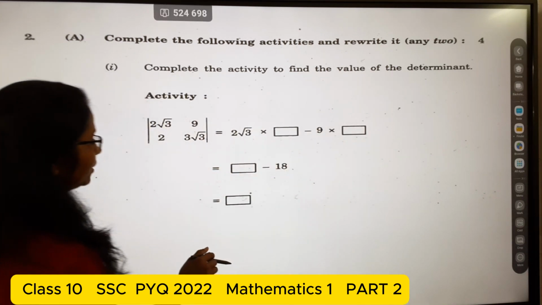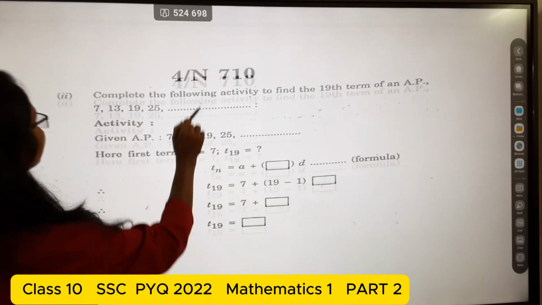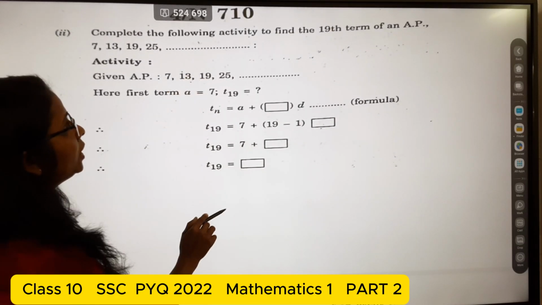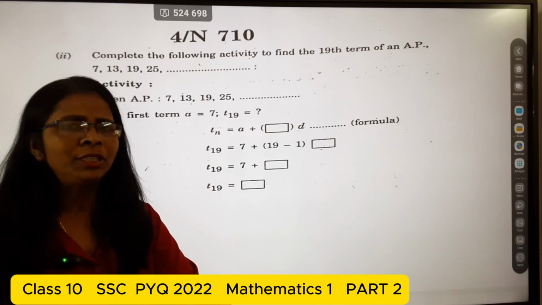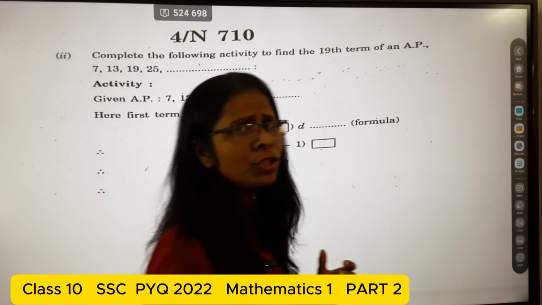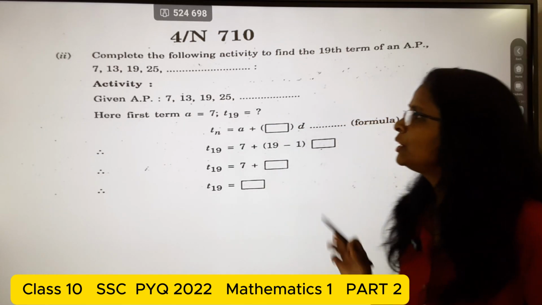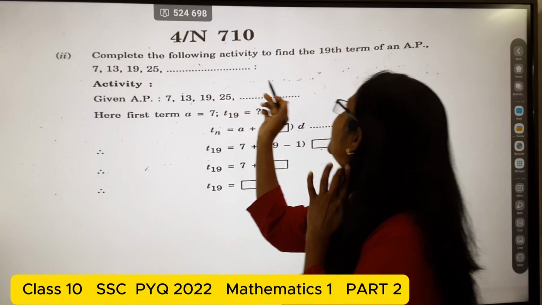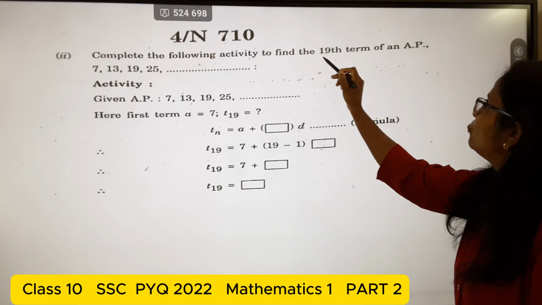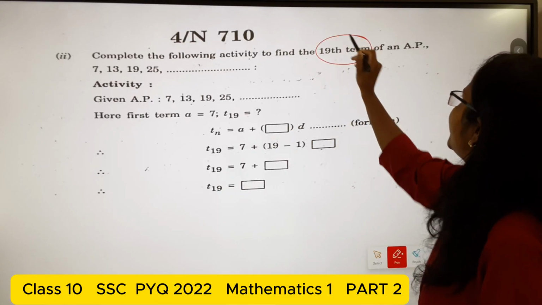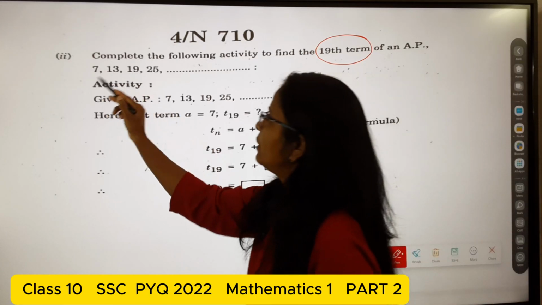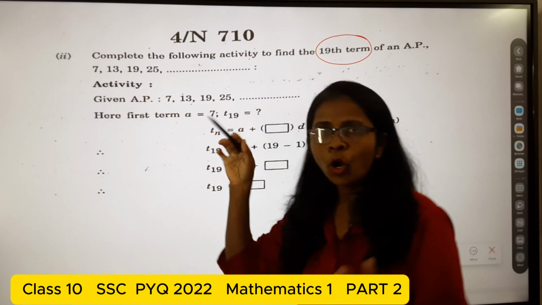So now let us see the next question, students. The next question is also for the activity, because question 2a, question 2, is for the activity based question. Complete the following activity to find the 19th term of an AP: 7, 13, 19, 25, and so on.